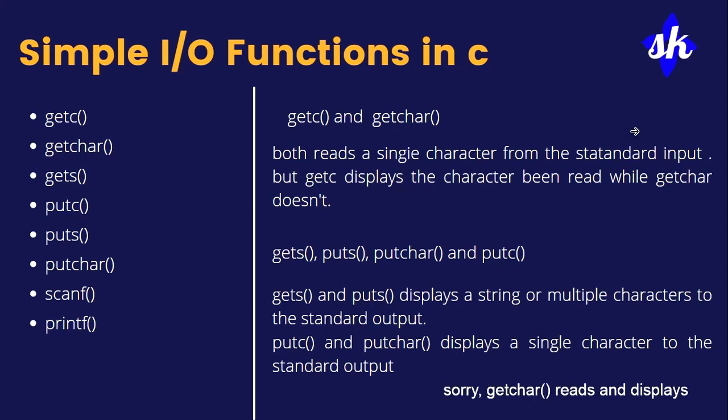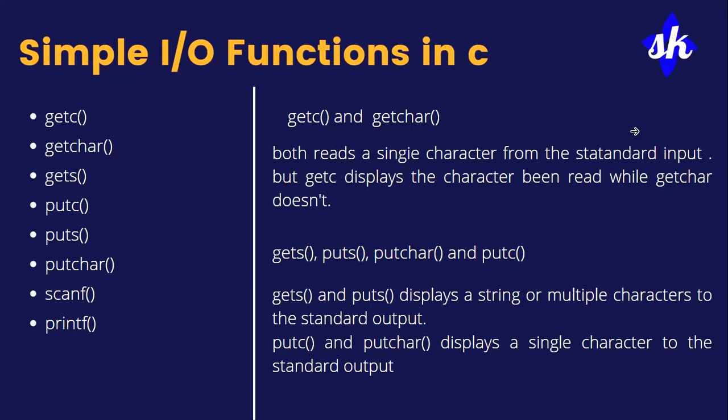Now the difference between getc and getchar. getc will display what is being read. That means if you are typing in Sammy, you are going to see what you are typing. But getchar doesn't do that. It's more like when you are doing your git push and then you put in your password or your token and you don't see it being displayed.